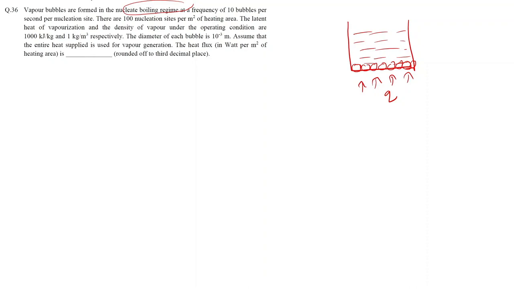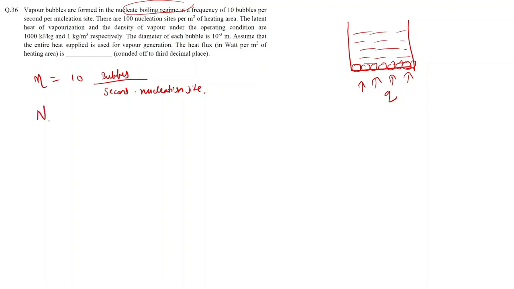Now from the given question, we will write the data. Vapor bubbles are formed at a frequency of 10 bubbles per second. Let's call this frequency small n is equal to 10 bubbles per second per nucleation site, and then there are 100 nucleation sites per meter square.